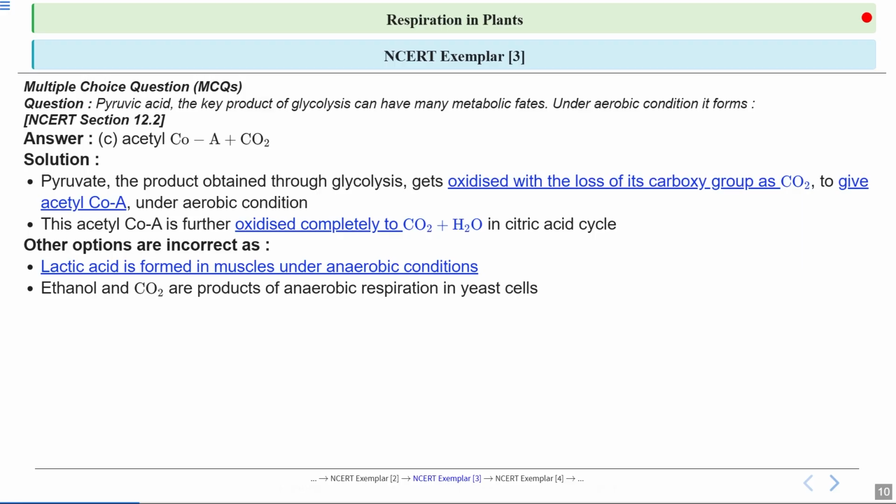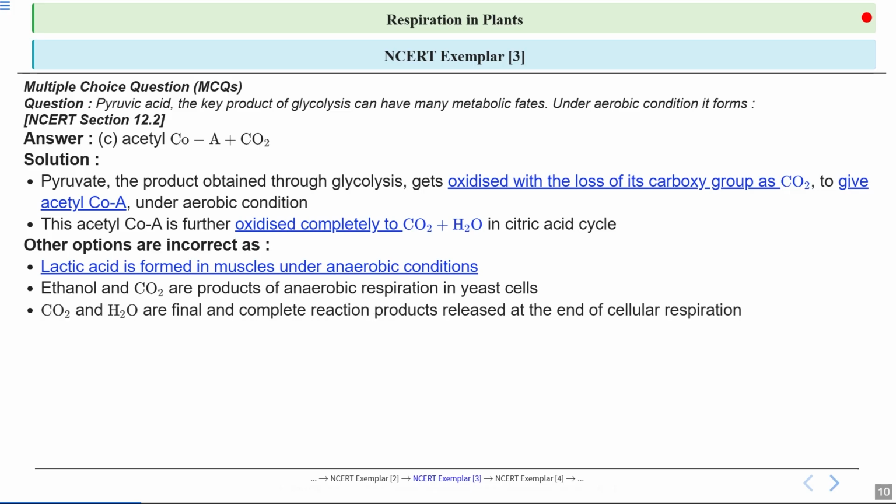Ethanol and carbon dioxide are produced by yeast during fermentation, which is another form of anaerobic respiration. Carbon dioxide and water are the final products after complete breakdown of glucose in cellular respiration. They are released at the end of the process, not immediately after glycolysis.